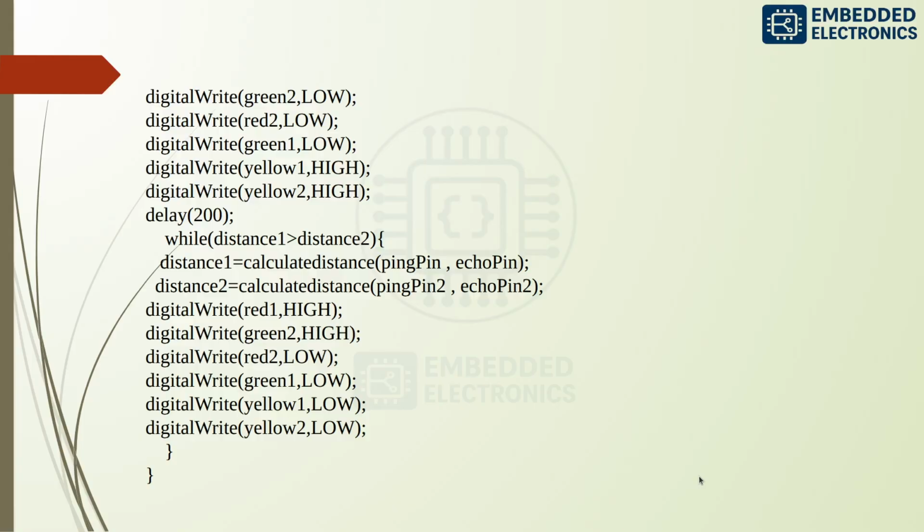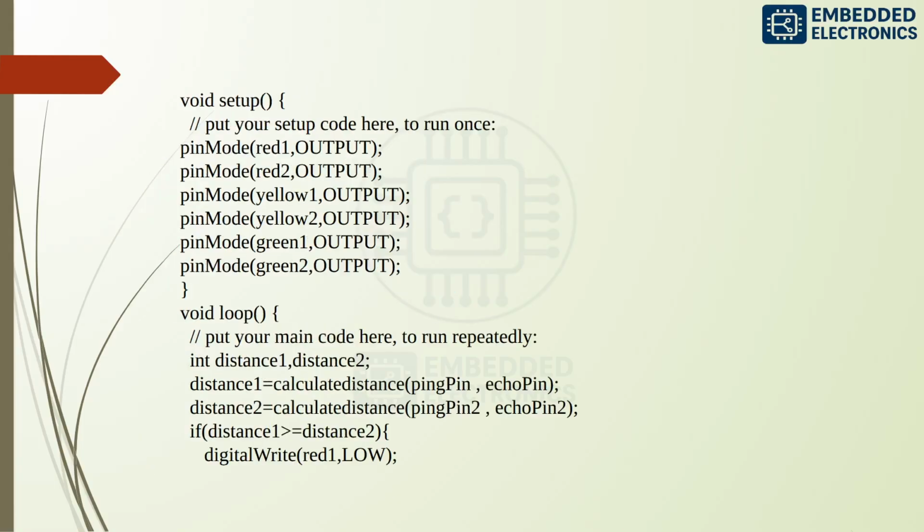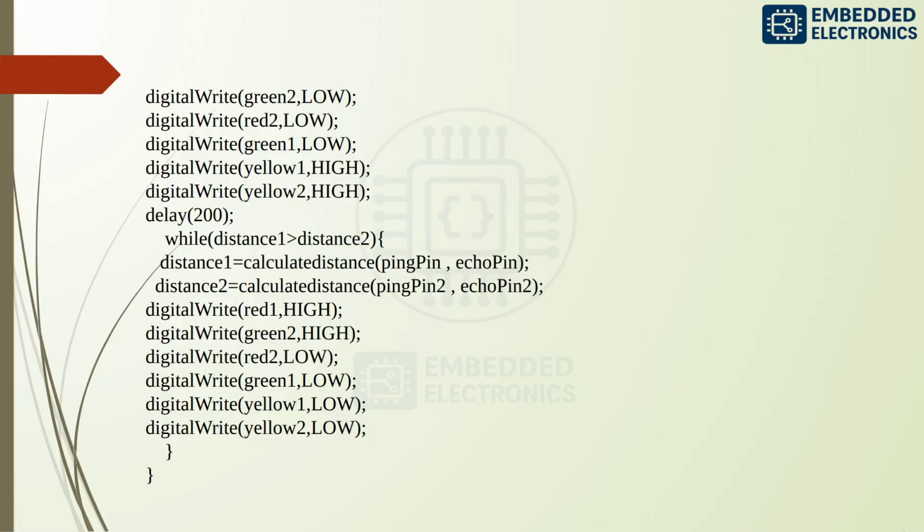It sets road 2 to green and road 1 to red. It stays in this loop until the cars in road 2 move away and the distance increases.